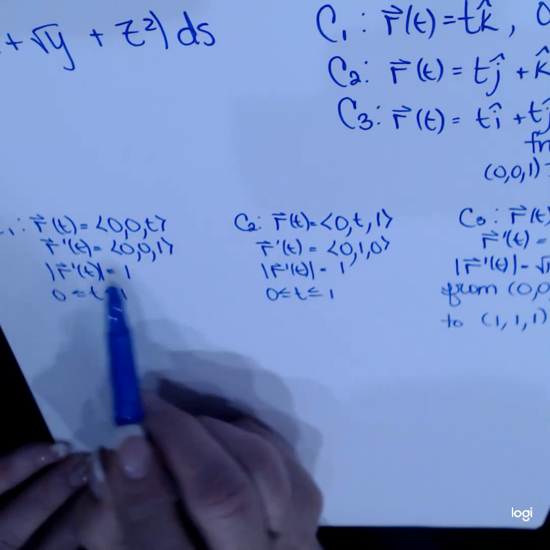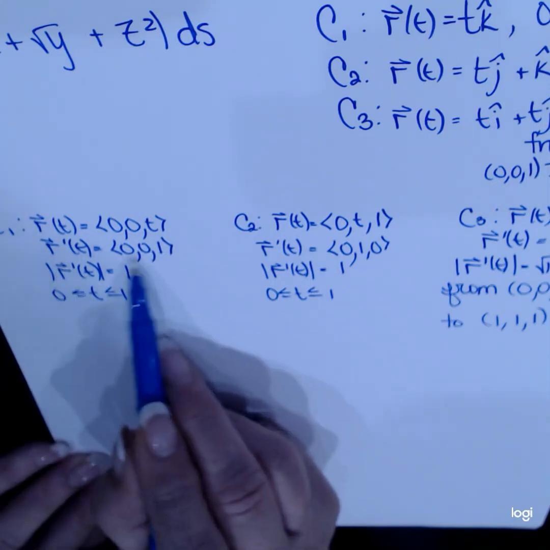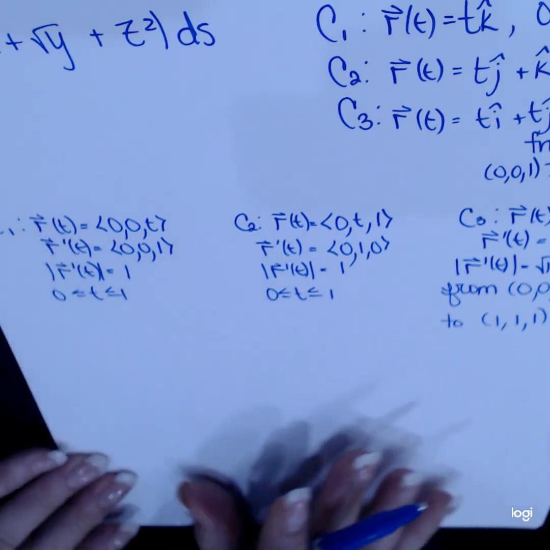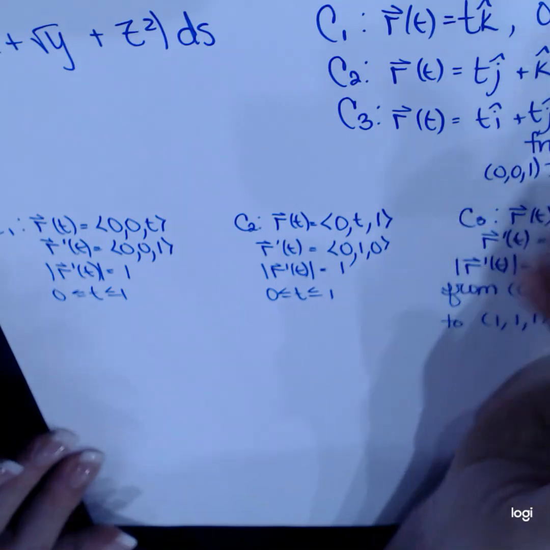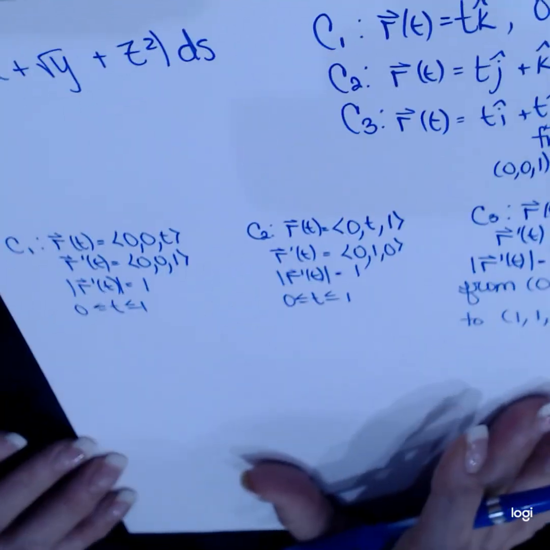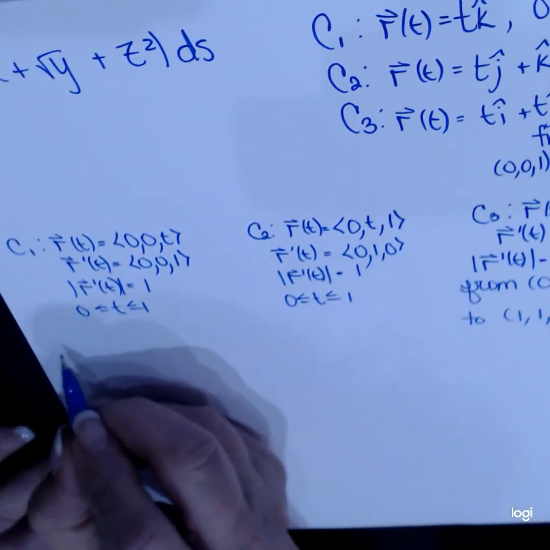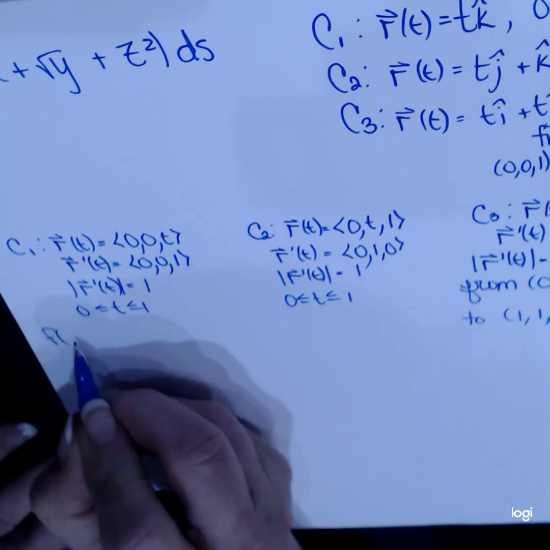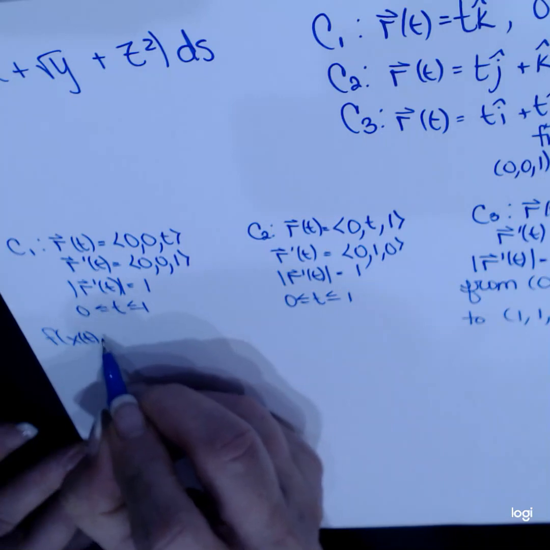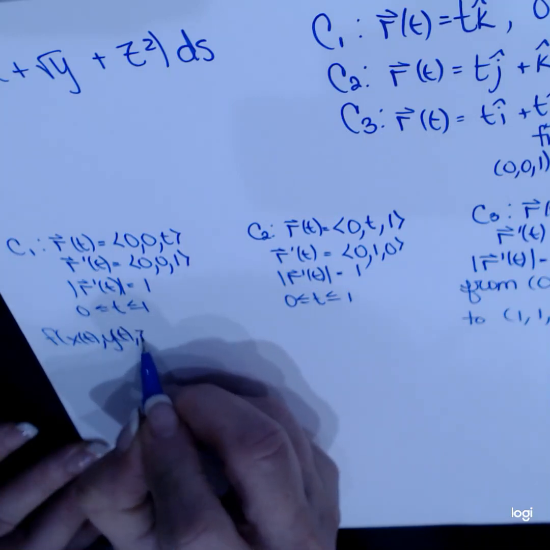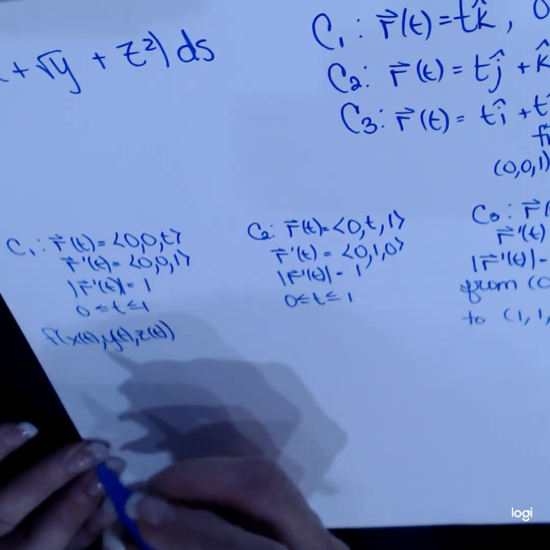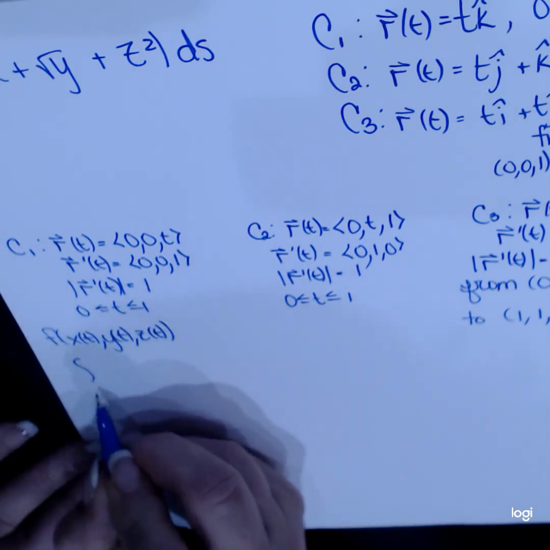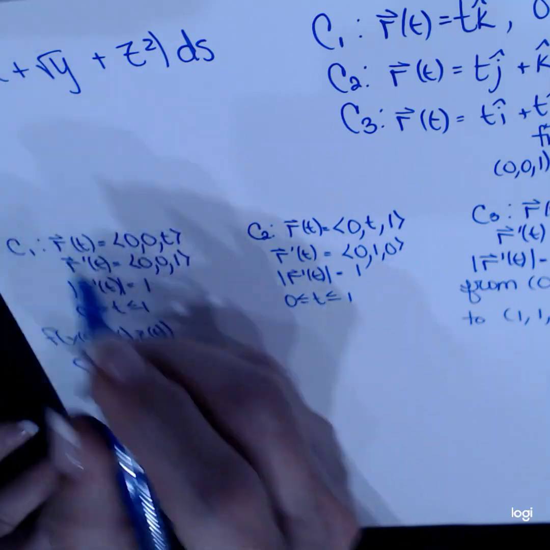Of course, remember by definition, we're going to need the magnitude of that derivative. So I found the derivative. Magnitude is the square root of each of the components squared. And we were told here that the bounds on t were between 0 and 1. So the only thing I have left to do here is to define my function in terms of x of t, y of t, and z of t. My function here, and let me go ahead and just write it as the integral, it looks like x.